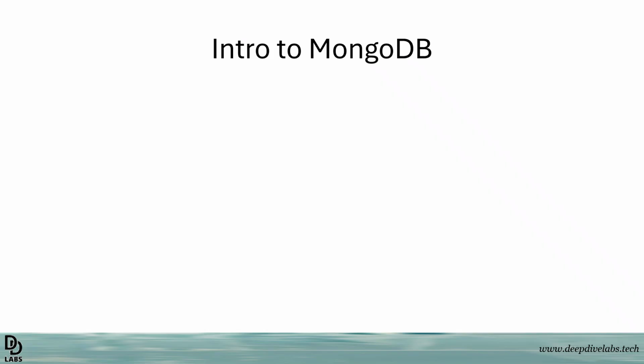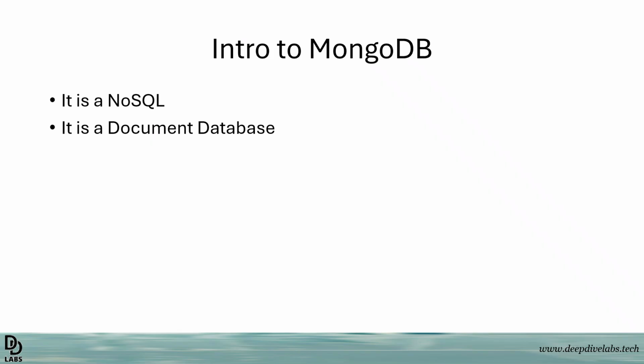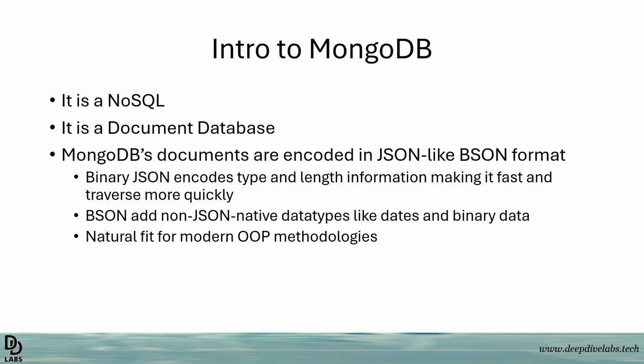So what is MongoDB? MongoDB is a NoSQL database. It's a document database. MongoDB's documents are encoded in JSON-like BSON format. BSON stands for binary JSON. Binary JSON encodes type and length information, making it very fast and very quick to traverse the document structure itself.